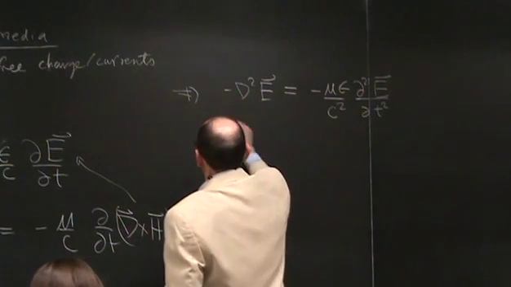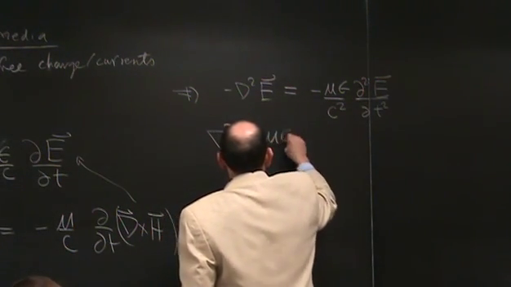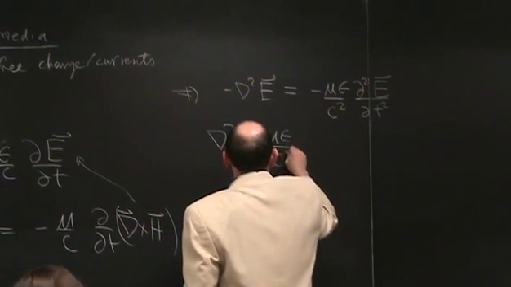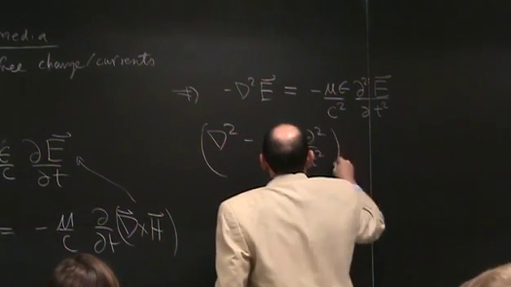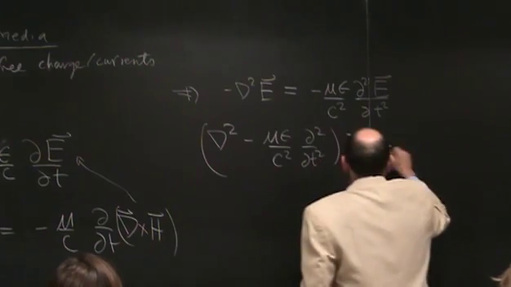Or, del squared minus mu times epsilon over c squared d by dt squared, acting on E, is equal to 0.